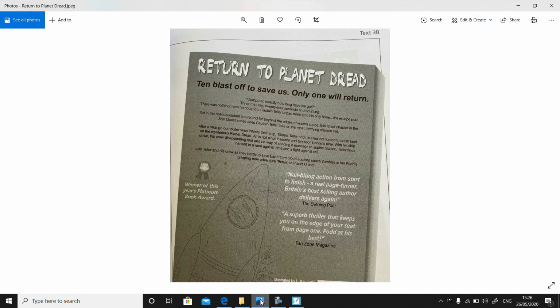But it doesn't give too much information away for the reader, because otherwise what was the point in reading the story?